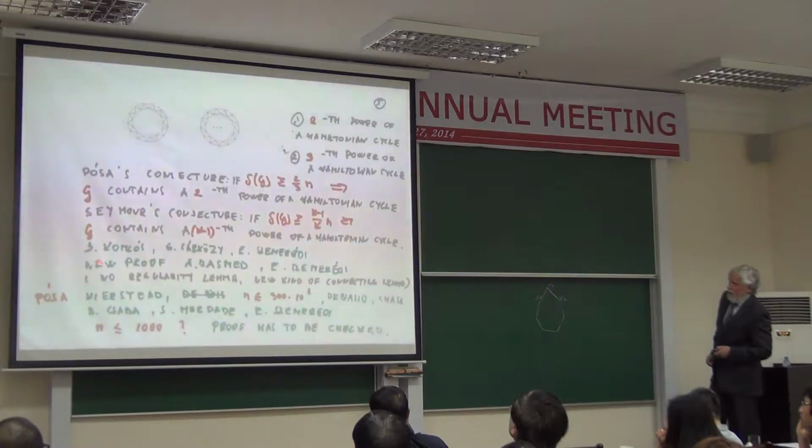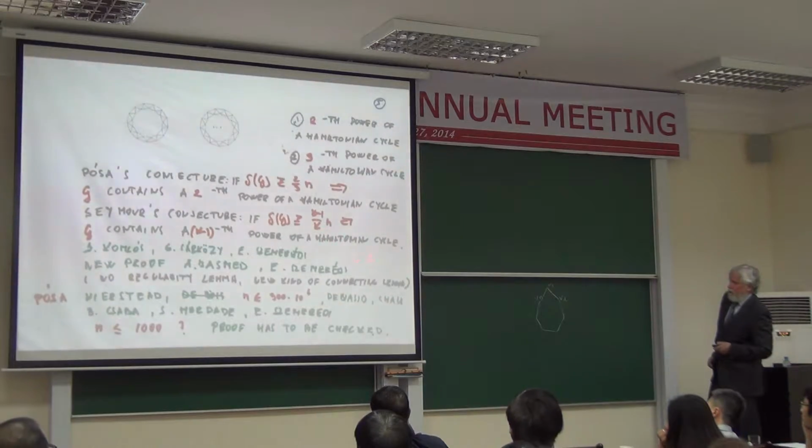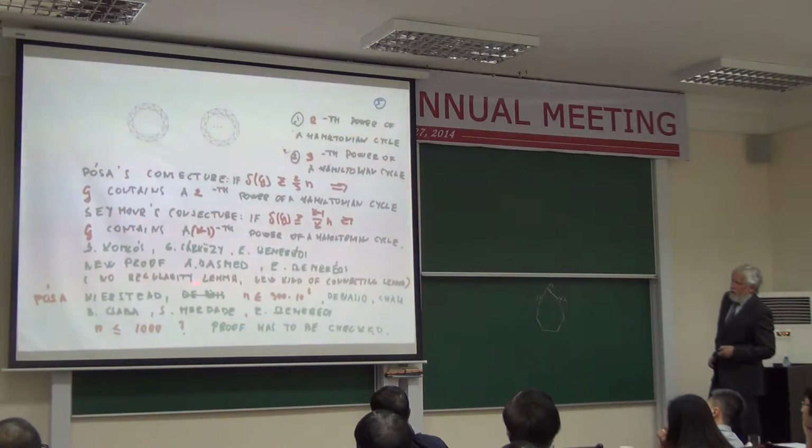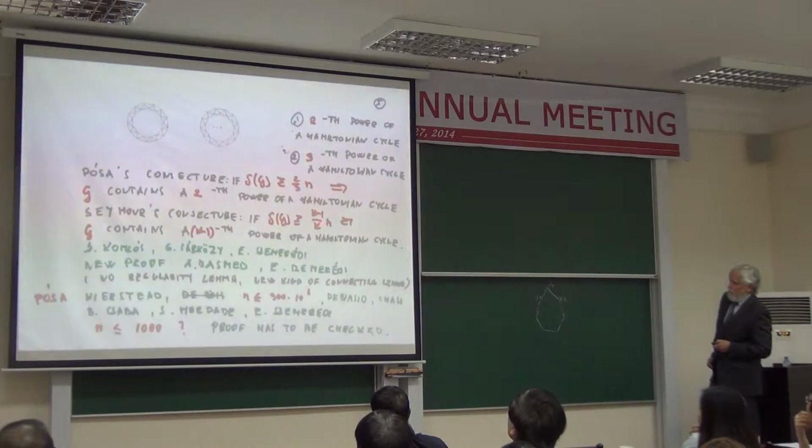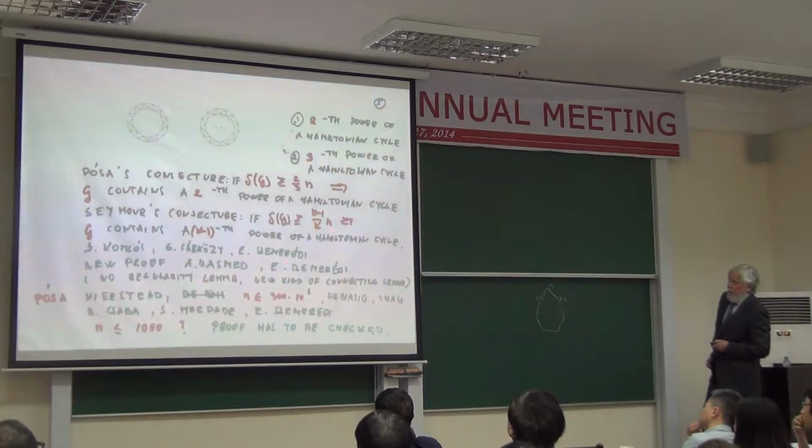And then around 2000, with Komlós and Sárközy, we proved both conjectures, but only for very large n, because the proof contains the regularity lemma and the blow-up lemma, and inherently the n involved here should have been large.